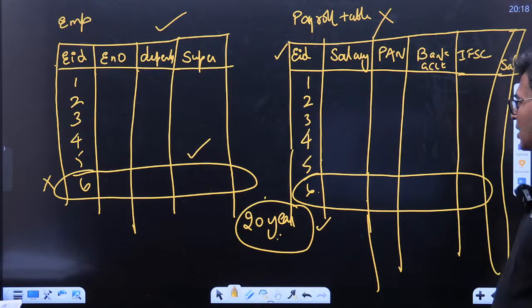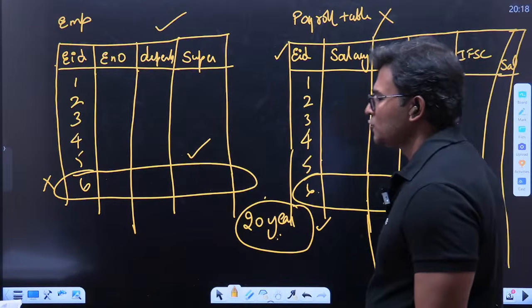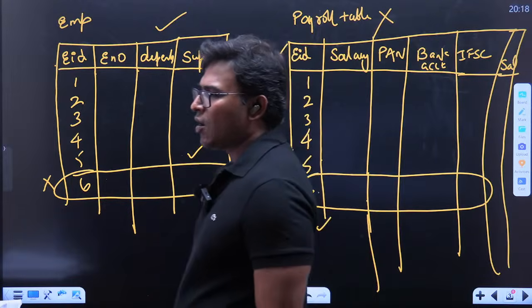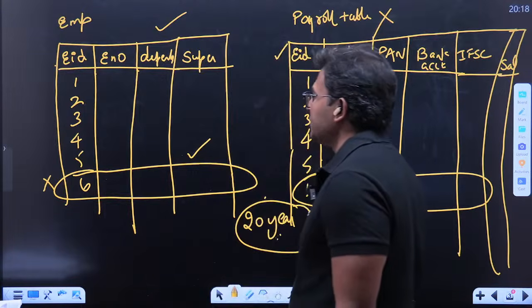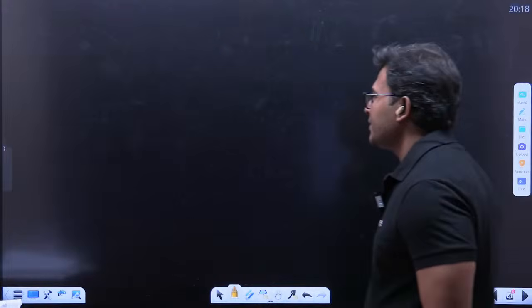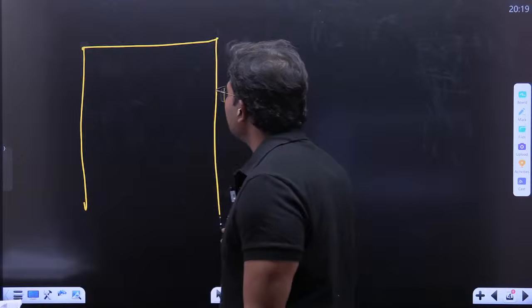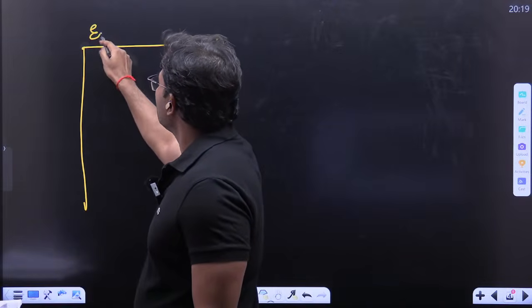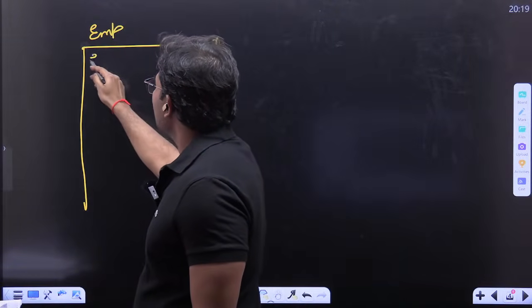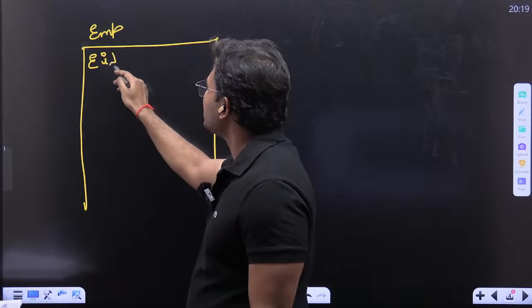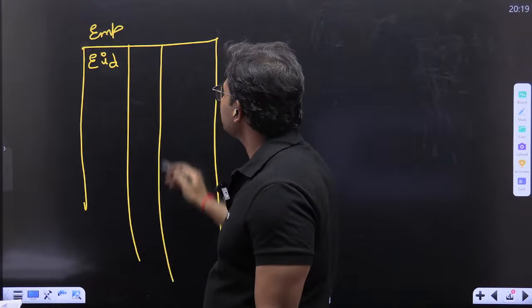Okay, fine. So now how are you going to solve this is the question. What are the various approaches we have? We'll take the same example. Let us say there is an employee table, and there is employee ID and other things here.